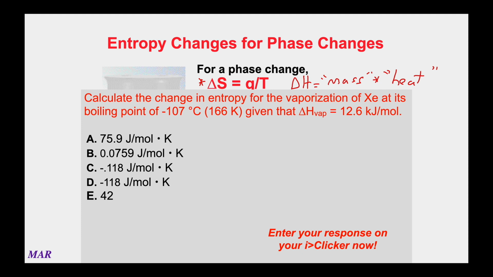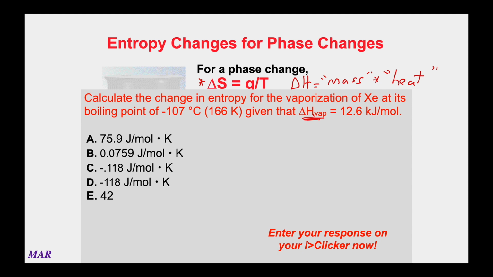And like we saw in the last example with water, the Q part is related to the delta H of whatever transition you're going through. So we want to vaporize liquid xenon to a gas phase. Q is going to be this delta H vap. Now, the answers there are all in joules.